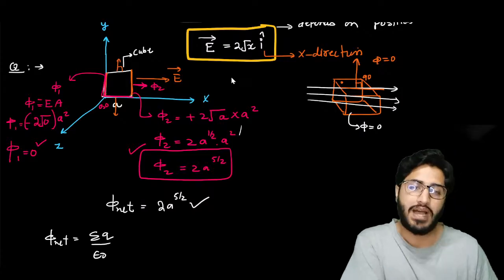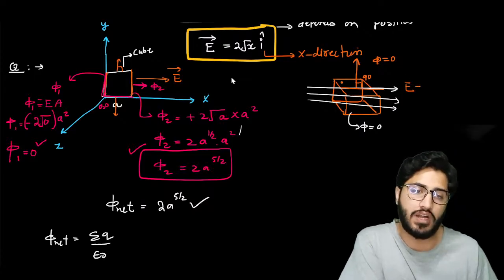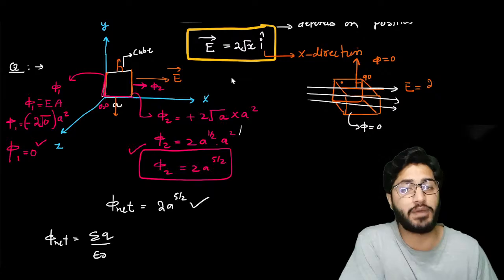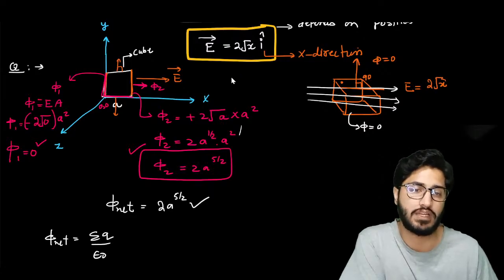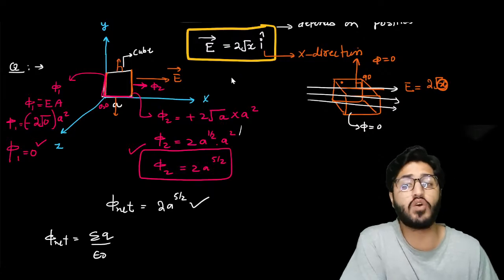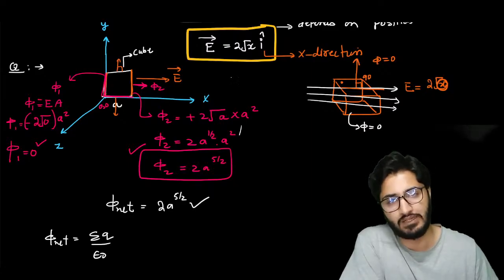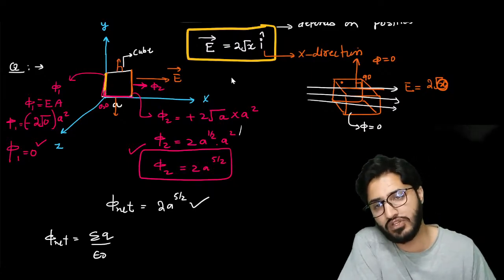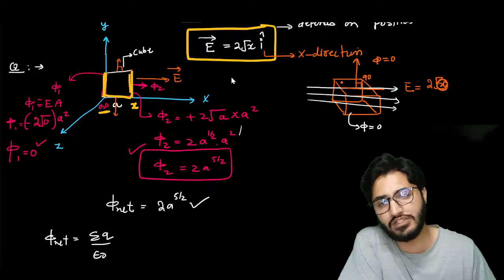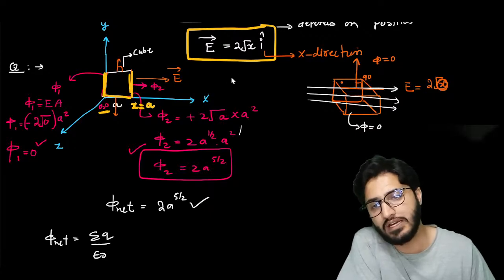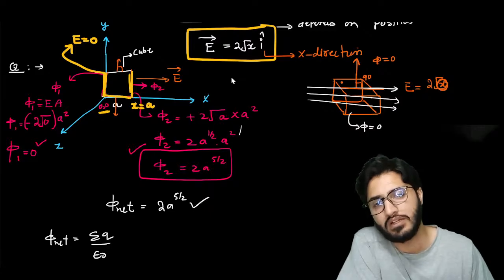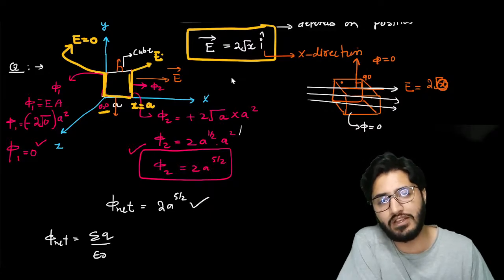Now, my electric field is not uniform, it depends on the position, X. If this position is the origin, 0, 0, and this position is at length A, so my X is equal to A. At this particular position, my electric field is 0. At this position, my electric field is equal to 2 root A.